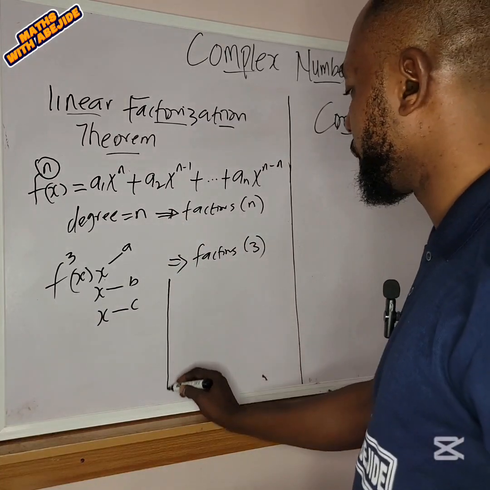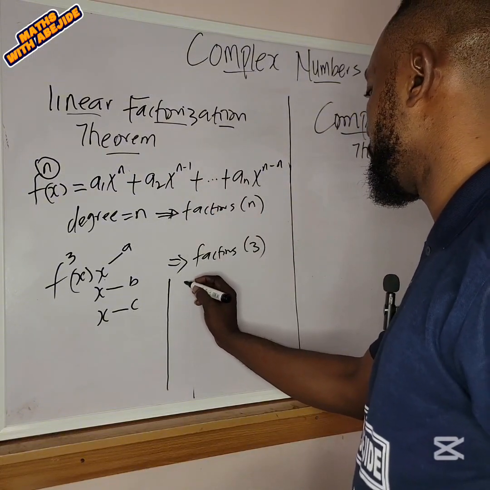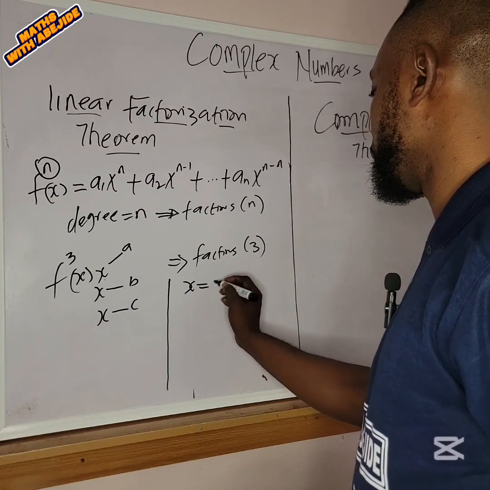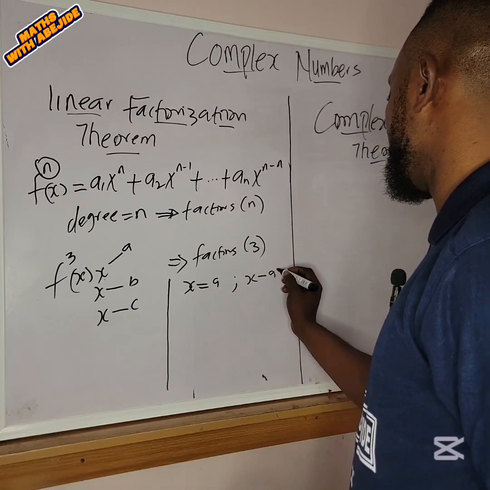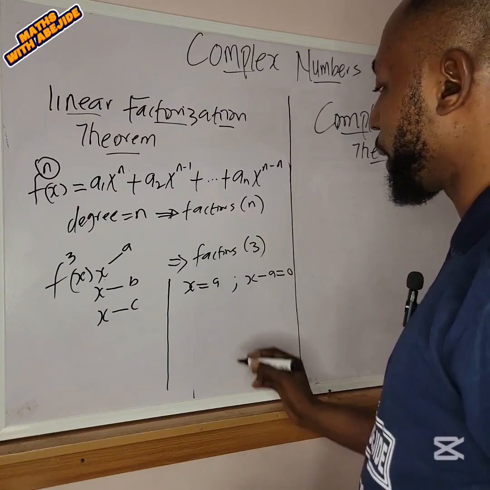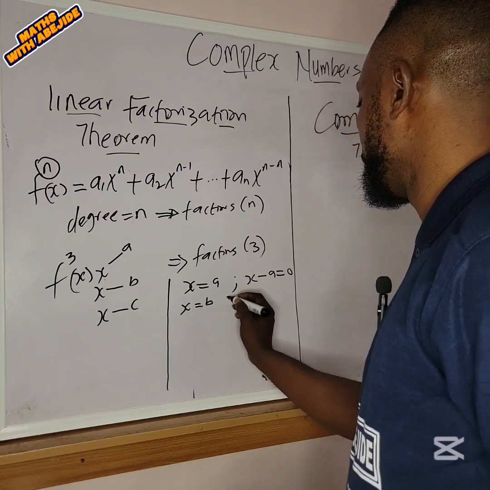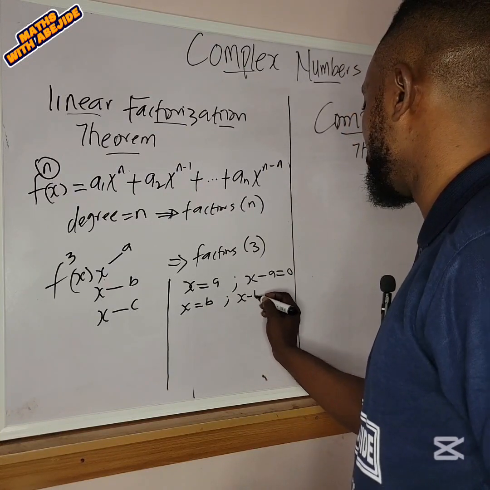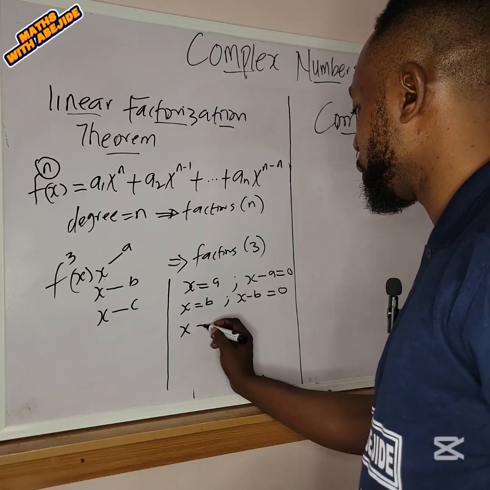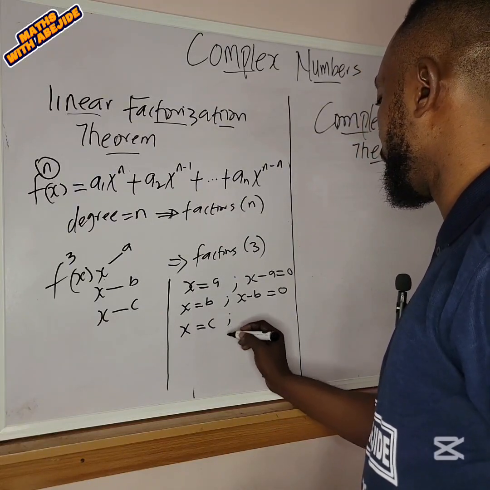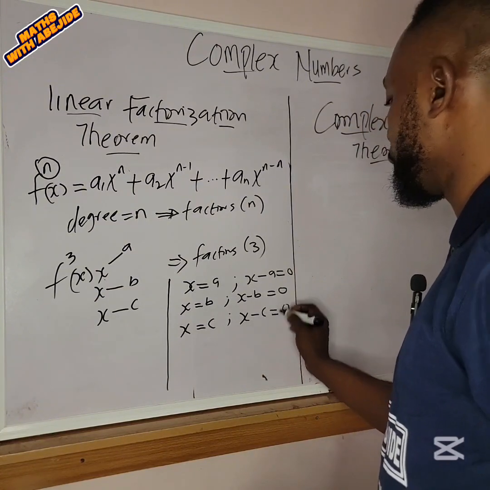In the same vein, the linear factorization theorem is telling us that if x equal to a, we can have x minus a equal to 0, right? Then if x equal to b, we can have x minus b equal to 0. Then if x equal to c, we can also have x minus c equal to 0.